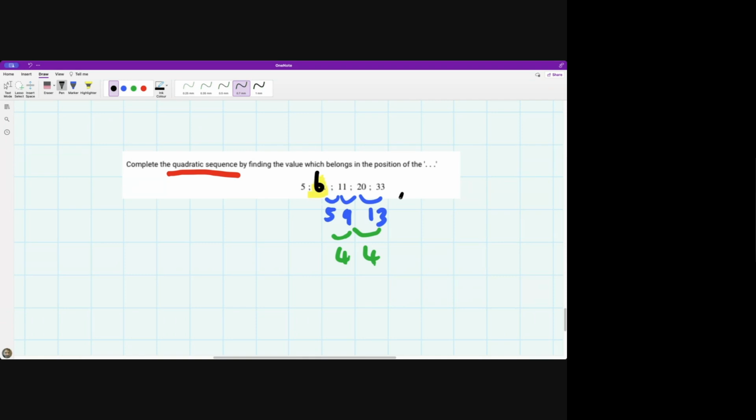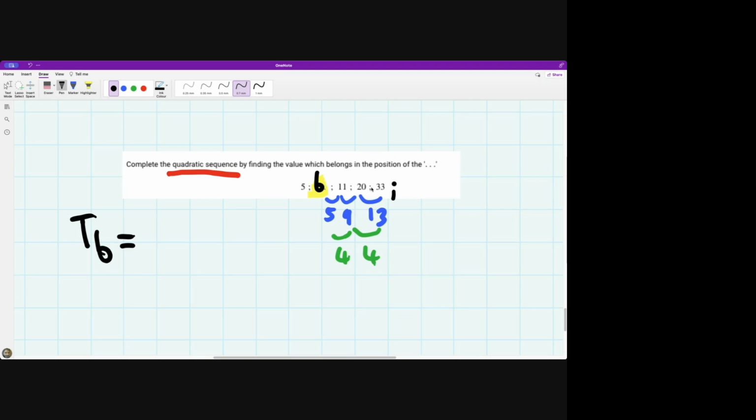Okay, one more question like this. What is the next term going to be? So after 33, we've got a quadratic sequence or a quadratic number pattern. After 33, what is the next? Or 1, 2, 3, 4, 5. What is T6 going to be in this number pattern?